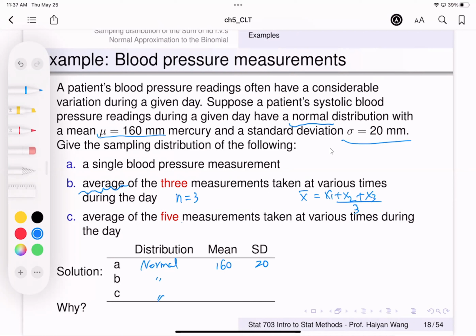The mean in all situations is also the same as the population mean, 160. The standard deviation will be different: it is the population sigma divided by the square root of the sample size. Similarly, when we take the average of 5 measurements, the standard deviation is sigma over square root of 5. This is because the population distribution is normal.